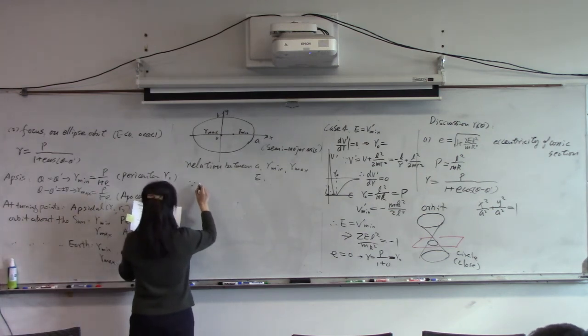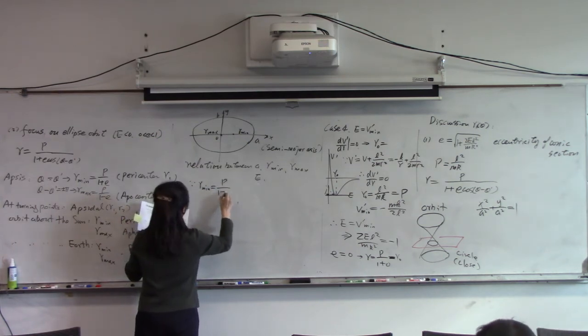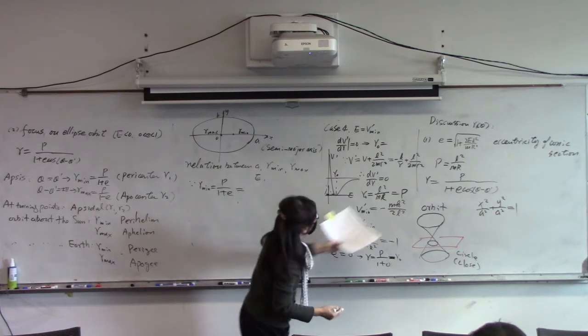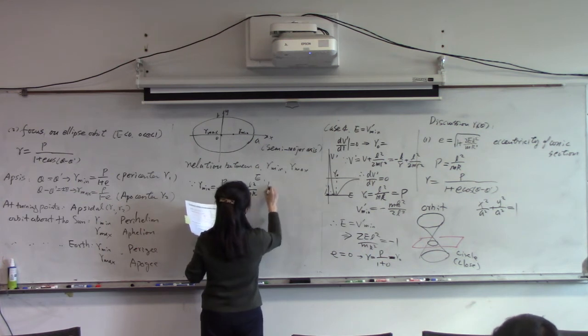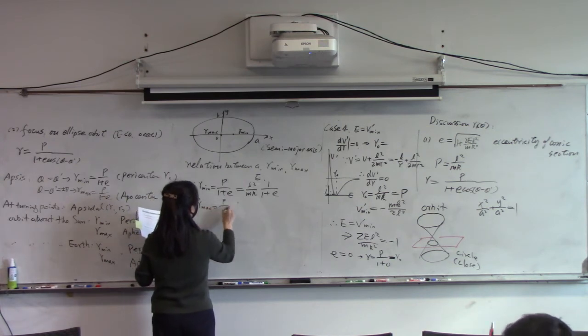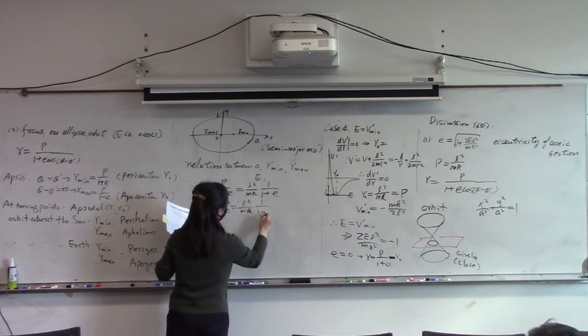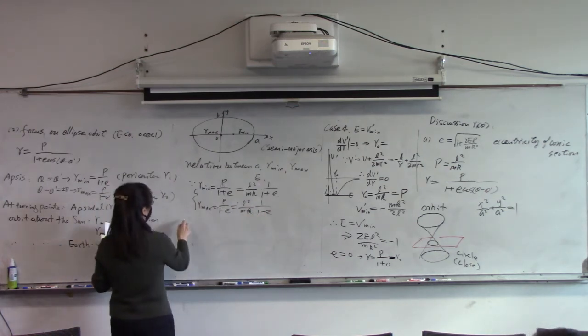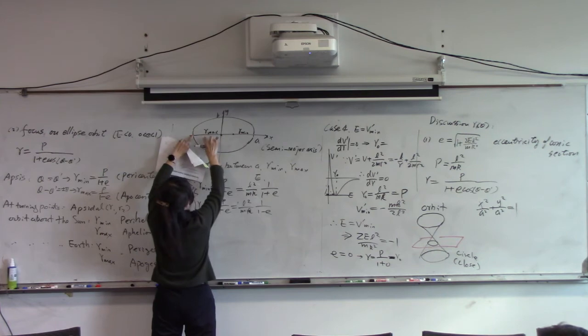Since we need to use the energy here, I'm going to rewrite this. R minimum is P over 1 plus E, but remember P is L squared over MK, so R minimum is L squared over MK times 1 over 1 plus E, and R maximum is P over 1 minus E, which is L squared over MK times 1 over 1 minus E. Now see, this is A, right? 2A together is R minimum plus R maximum.